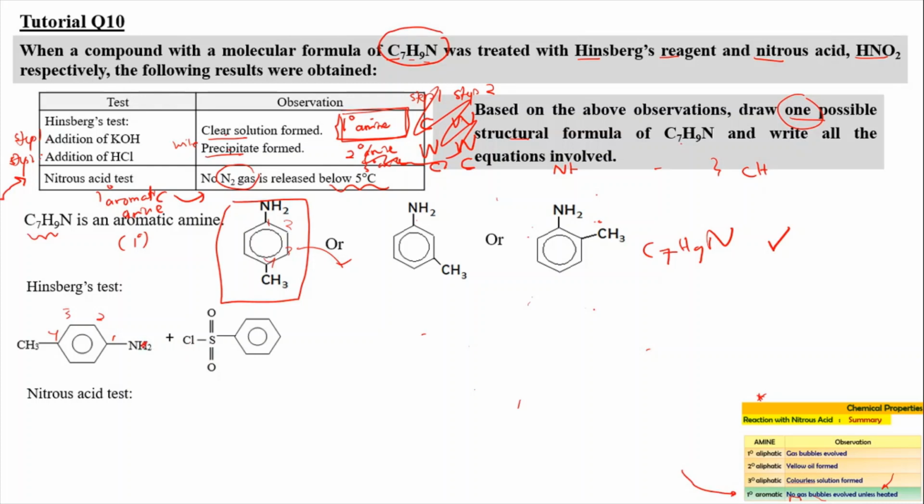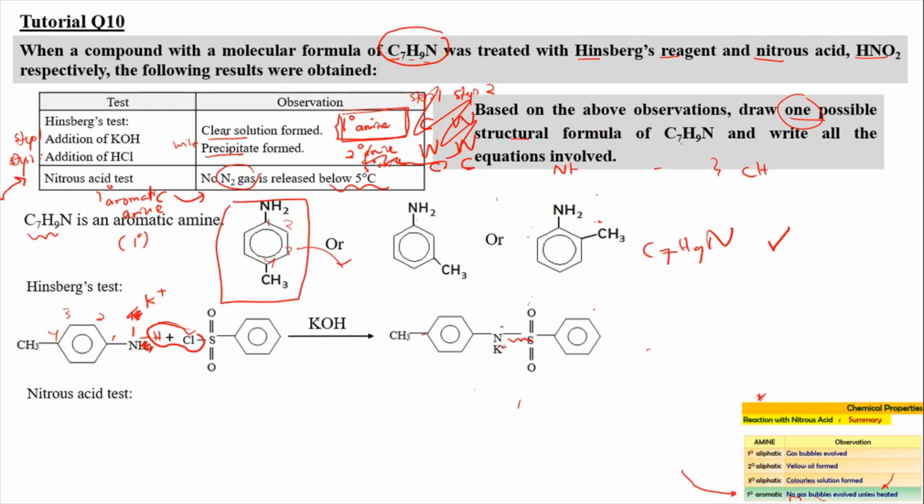And what's going to happen is that, let's say if we expand the structure here, which is NH and another H here, the Cl and hydrogen are going to be removed as the byproduct, and this happens in the presence of KOH, where the K here is going to replace the hydrogen here in order to form K plus. Okay, so what we're going to produce is that the N-S bond is going to be formed.